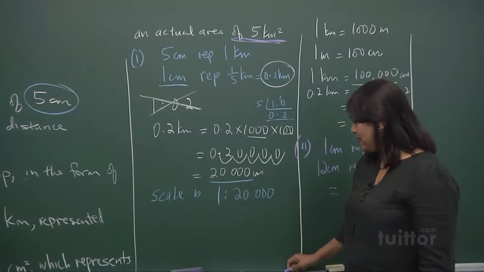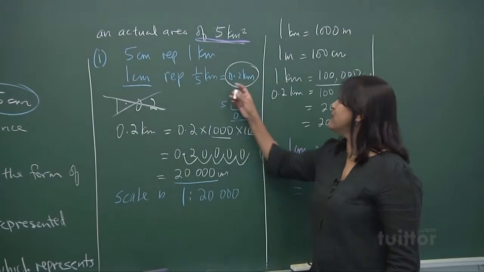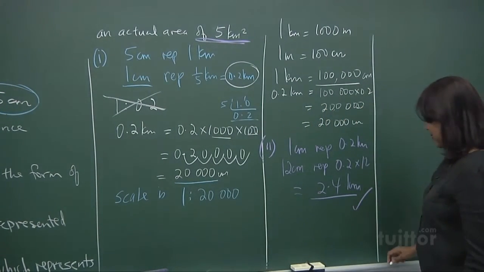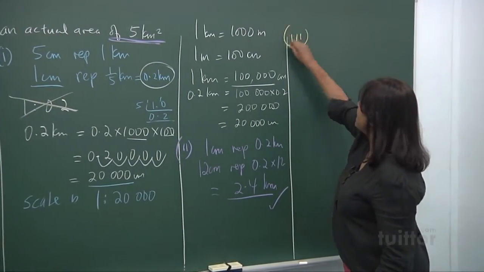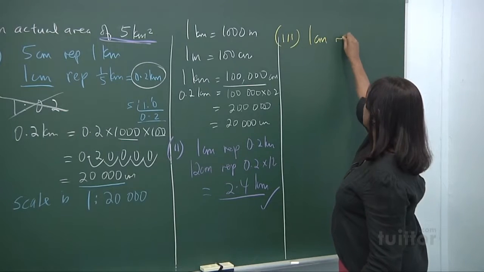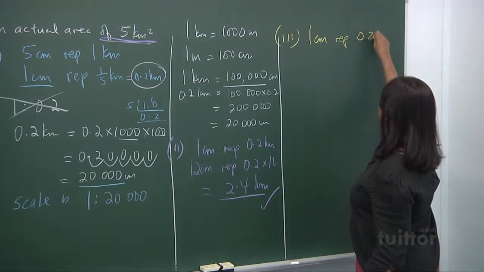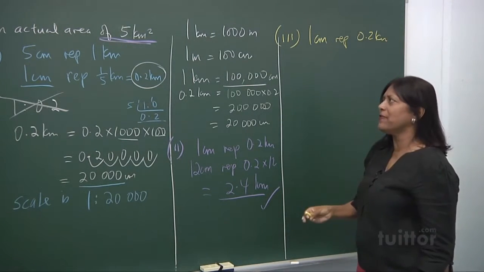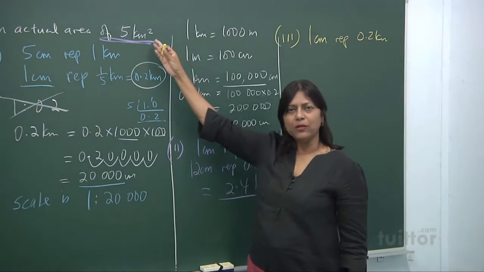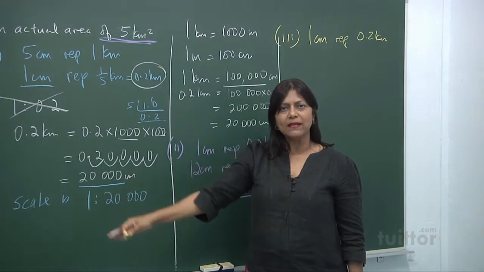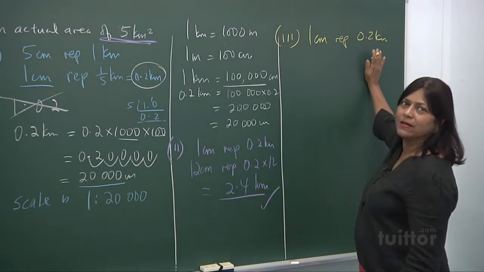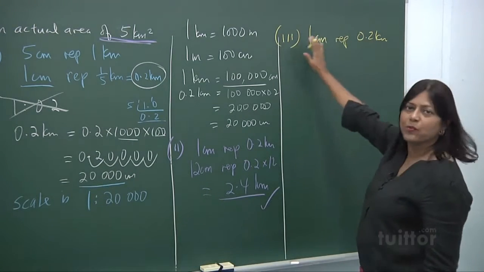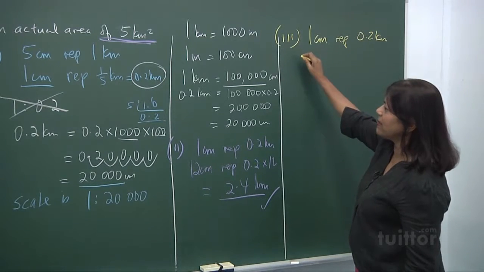You know that 1 cm represents 0.2 kilometers. Now what are we given? We're given the actual, and we want to find the scale. So the unknown is always here. So this will not be a nice way of writing. I should write it the other way.